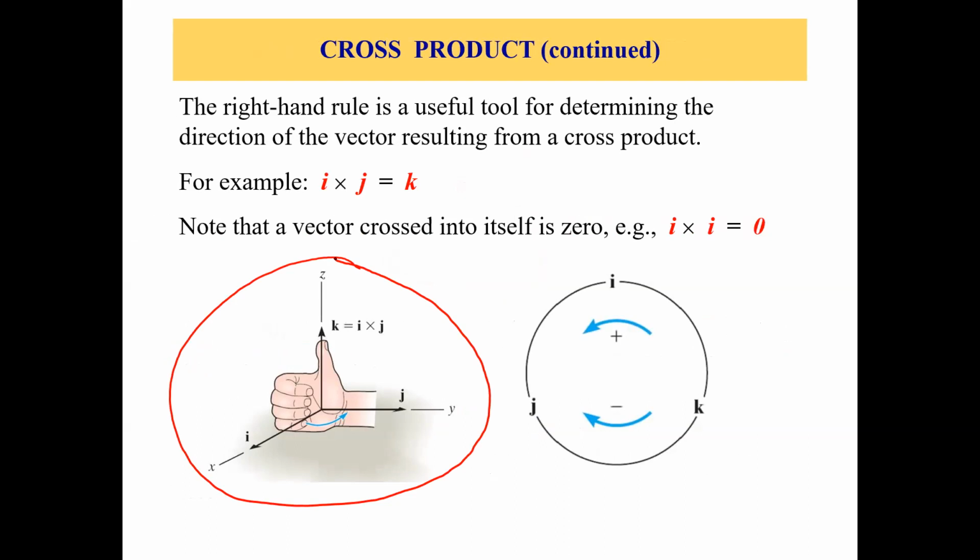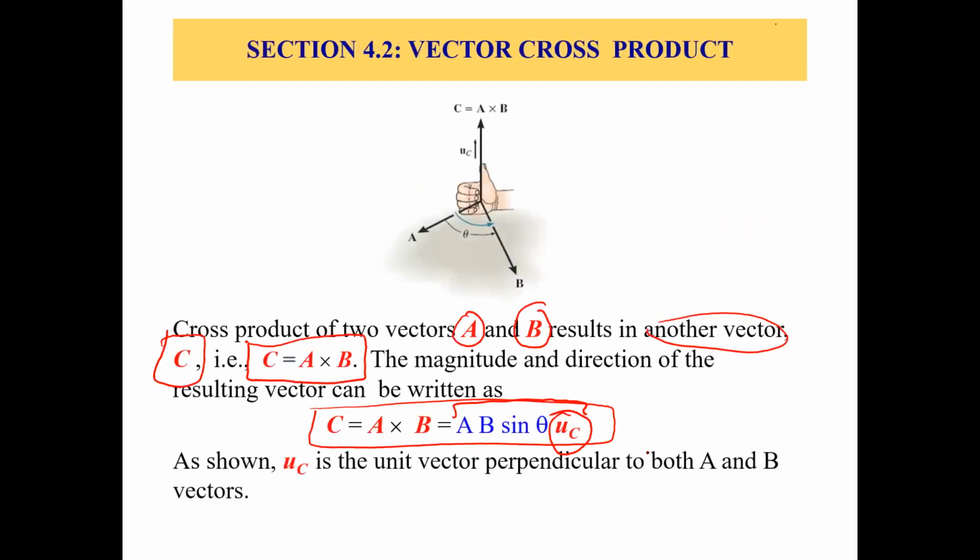I want you to take your right hand and do it with me. You have vector A in this direction and vector B in this direction. Now you are doing A cross B, so you are going from vector A to vector B.